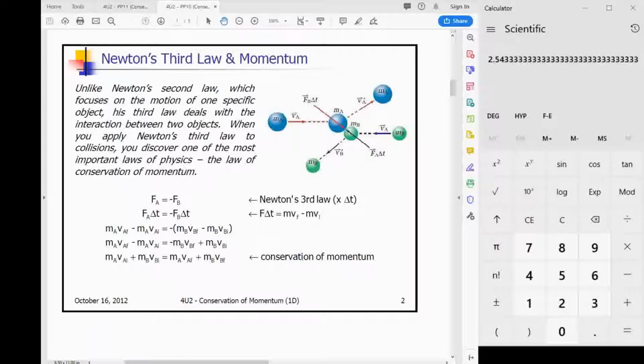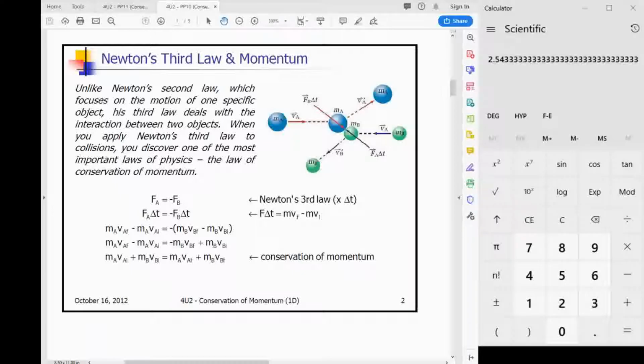And if we then rewrite that delta t into a tf and a ti, so a final time and an initial time, we can rewrite the equation as mv for A, where v is the final velocity, minus mv for A with the initial velocity, and that would be equal to the negative of mbvbf minus mbvbi.